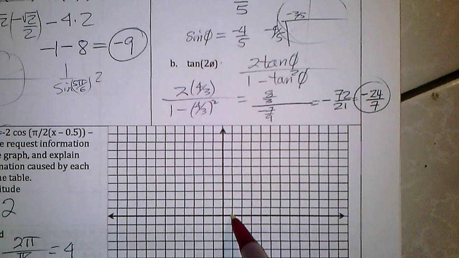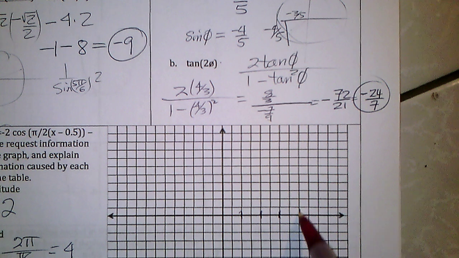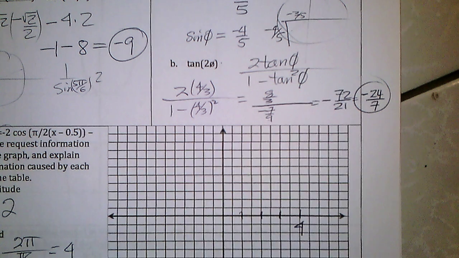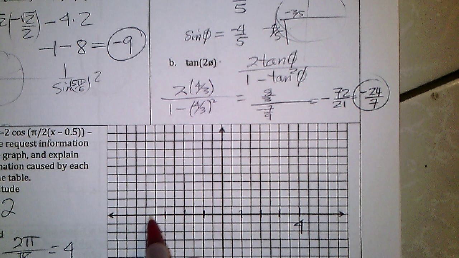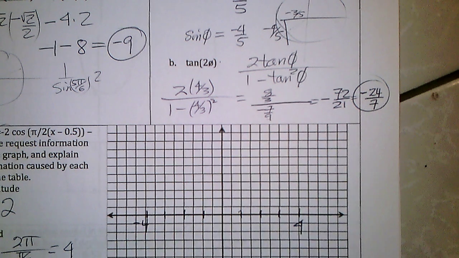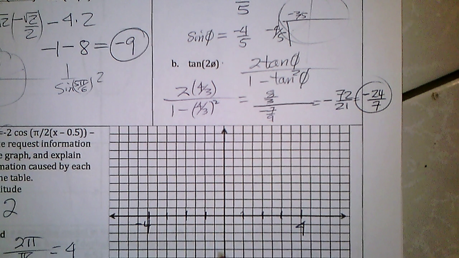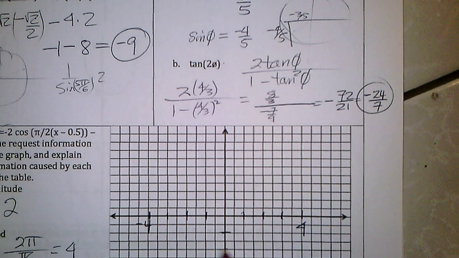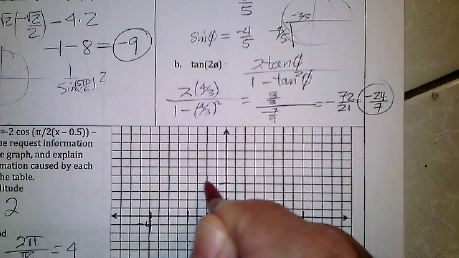So if I do 1, 2, 3, 4, that's going to be 4. 1, 2, 3, negative 4, and negative 2, so minus 1, minus 2, 1, 2.